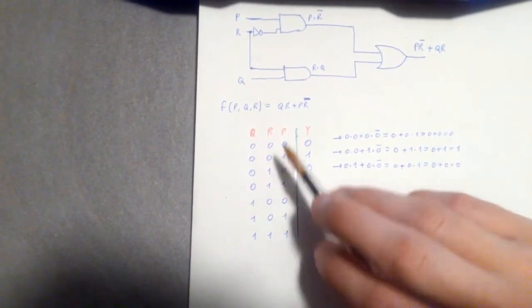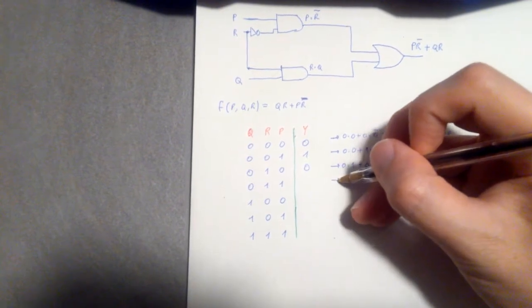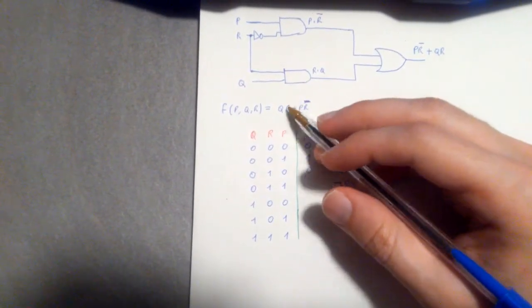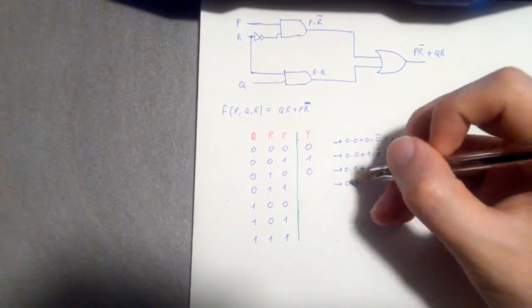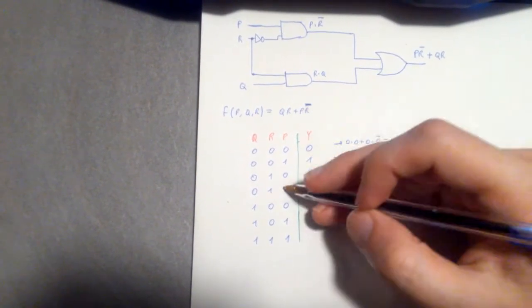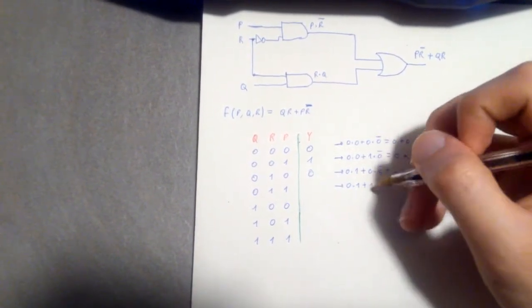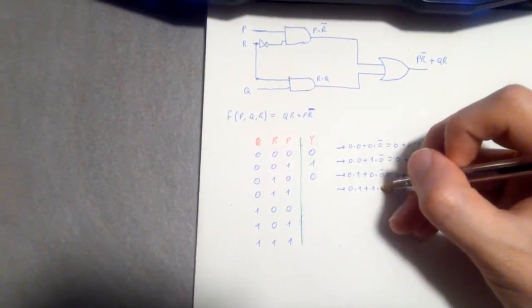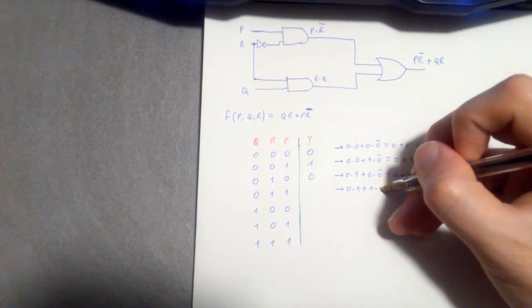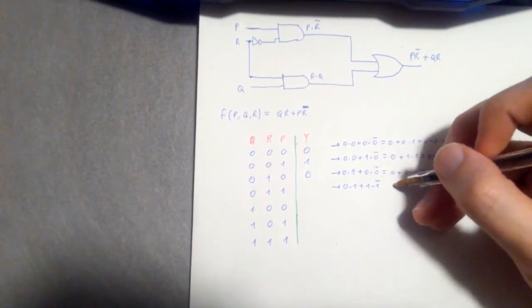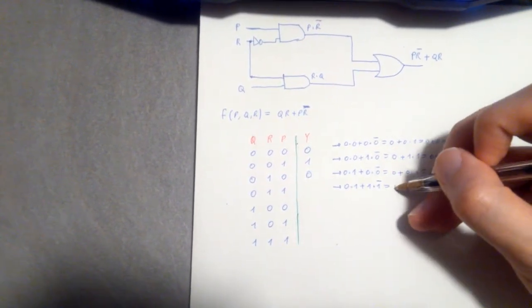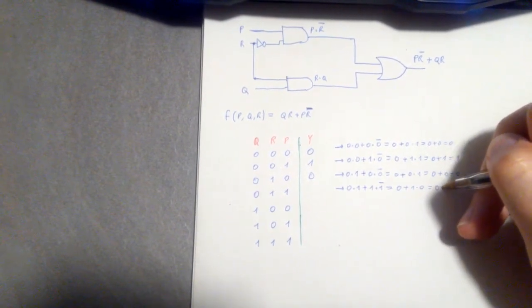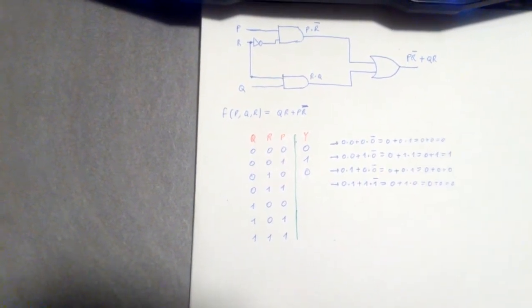Then 0 1 1 is going to be 0 times R, which is 1, plus P, which is 1, times R naught, so 1 naught. So 0 times 1 is 0, plus 1 times 1 naught is 0, so 0 plus 0 equals 0 once again.